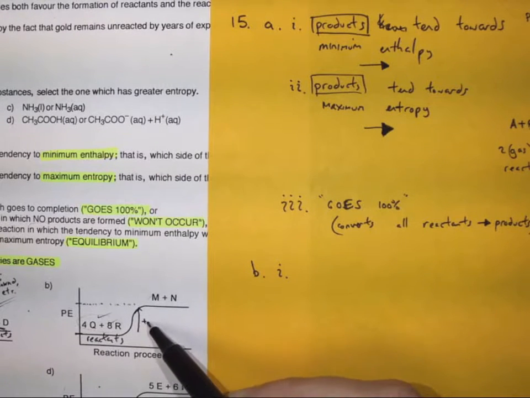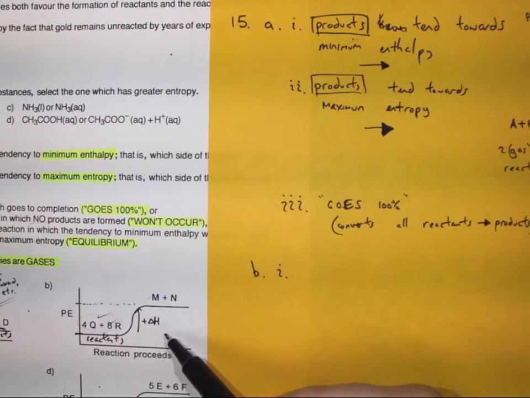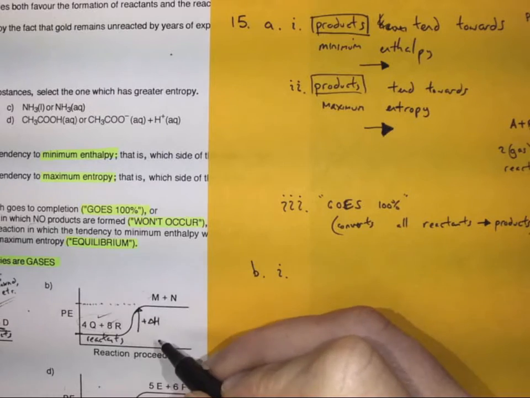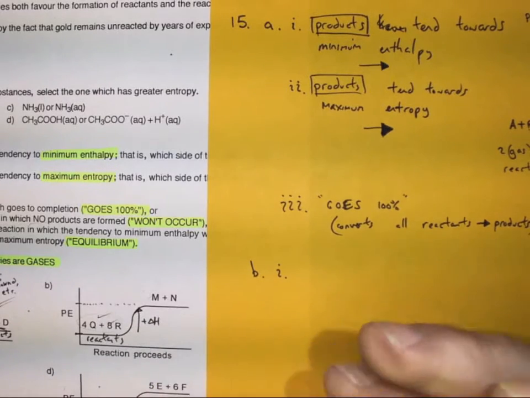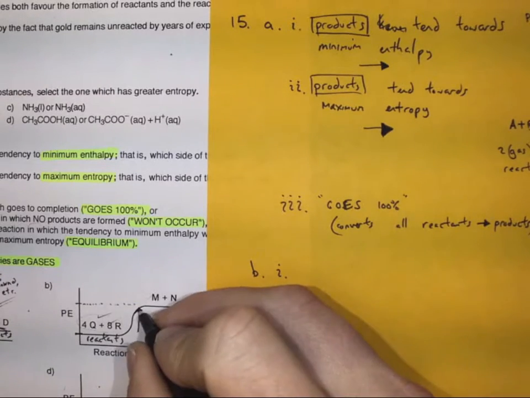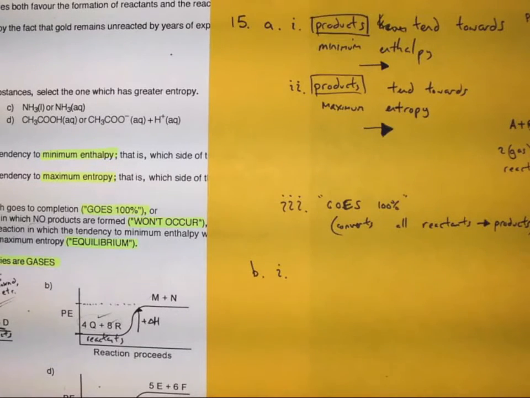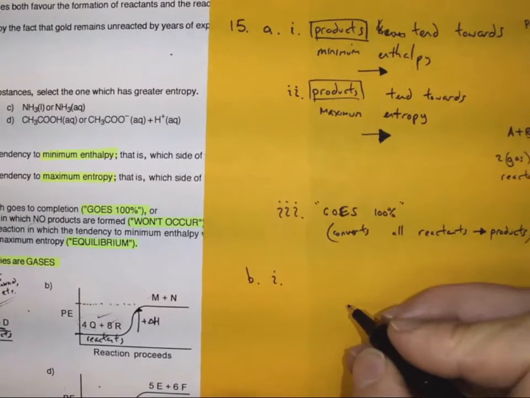So we have an addition of energy from the system, and that's sucked in from, it could be like sunlight, or it could be like temperature.